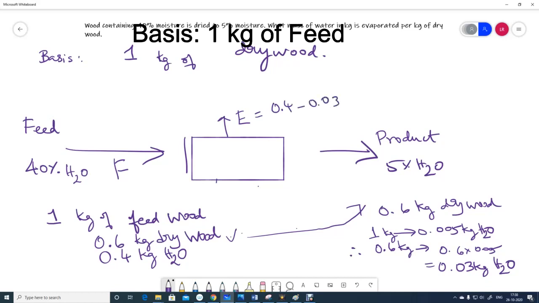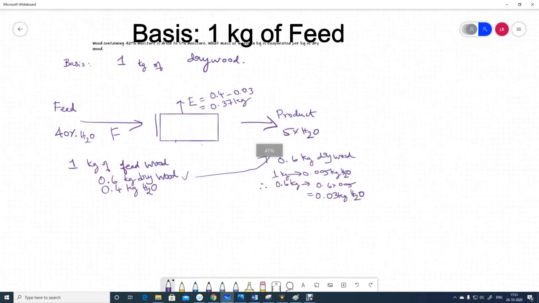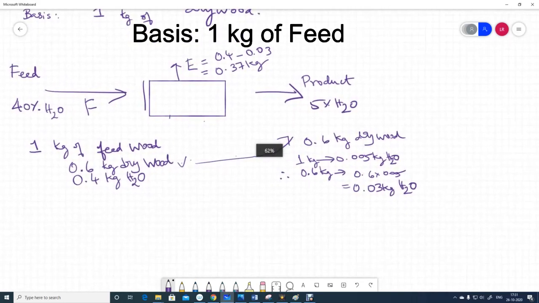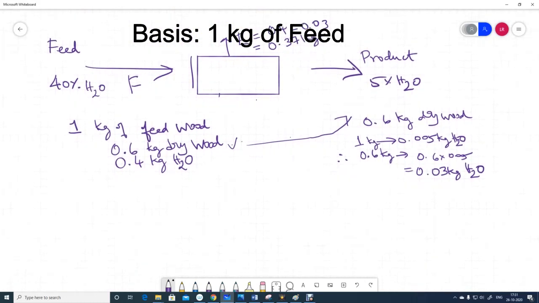I repeat, 1 kg of wood will contain 5% moisture, so 0.6 kg of dry wood in the product will be associated with 0.03 kg of water. Okay, so then what do we have to do?